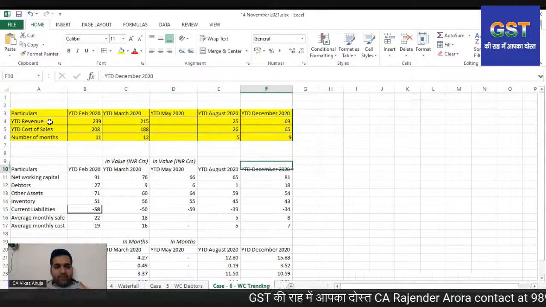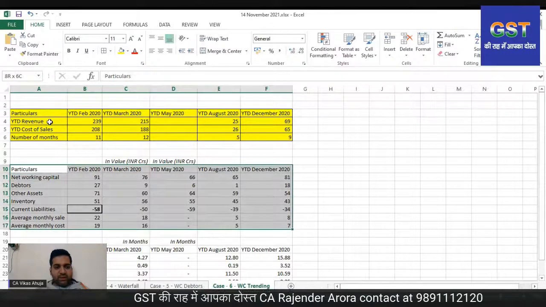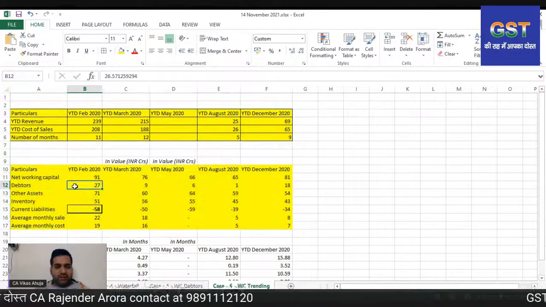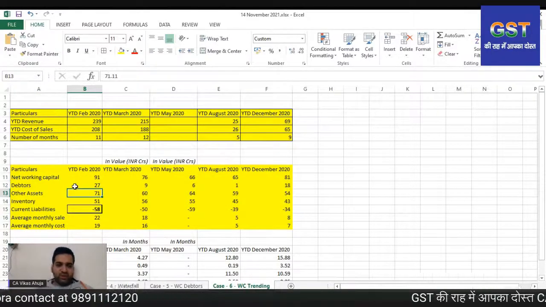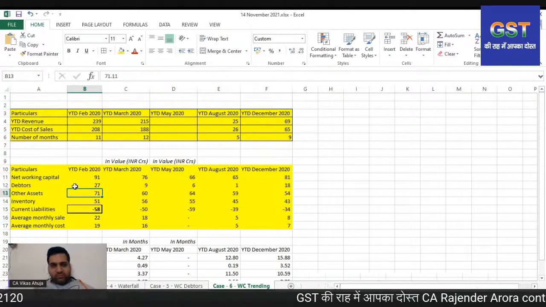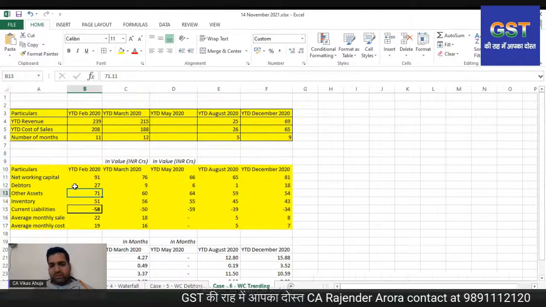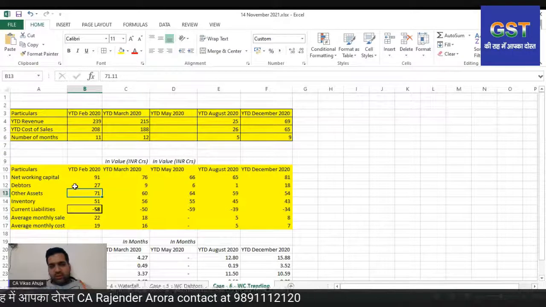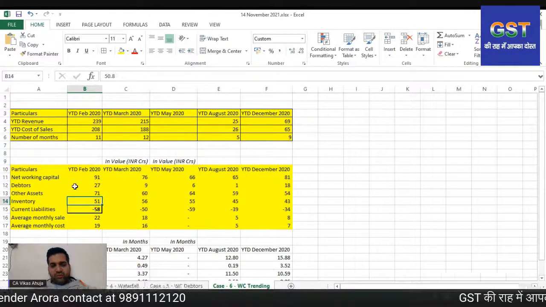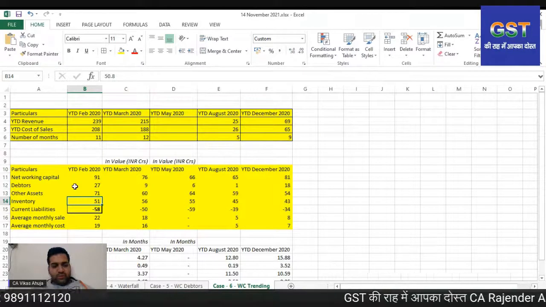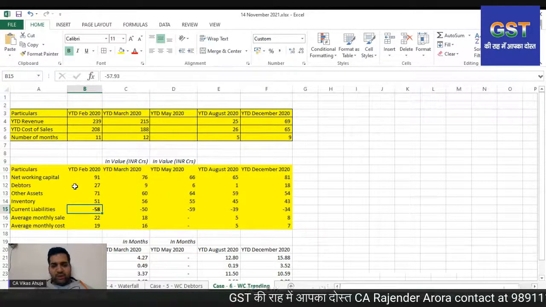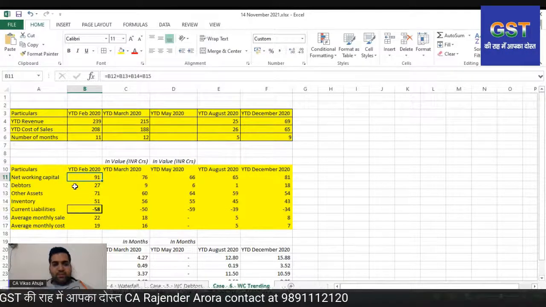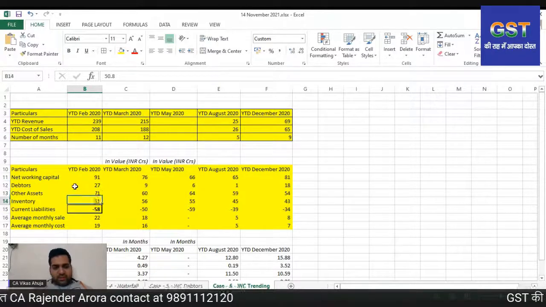And this is the working capital status, wherein you can see my debtors, other assets, which will include any tax refund or any other current asset lying up, and inventory lying in our books. Current liabilities I have made negative, and this is the net working capital coming up: current assets minus current liabilities.